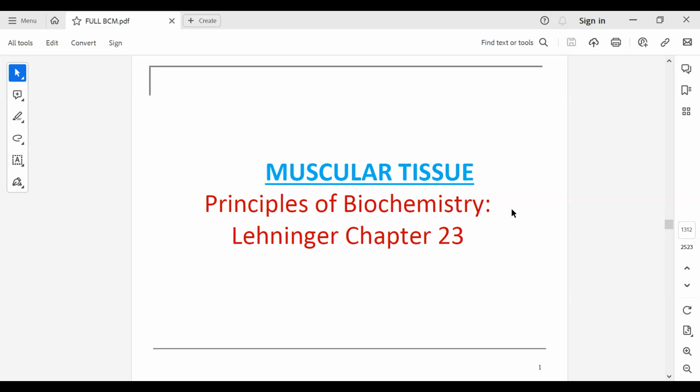Another thing is how heme metabolism works and how bilirubin is produced, and how that relates to jaundice. You have to know if it is pre-hepatic or post-hepatic jaundice. Those are very important parts to know, because those are the ones which are examinable.